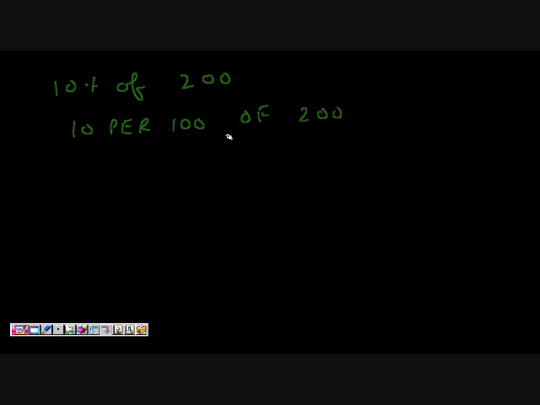Another way of saying that: we know that 10% can be written as 10 per 100. So that means 10 divided by 100, and we are supposed to find out of 200, so that means multiply by 200. So these two zeros cancel out, which is 20. So 10% of 200 is the same as 20.